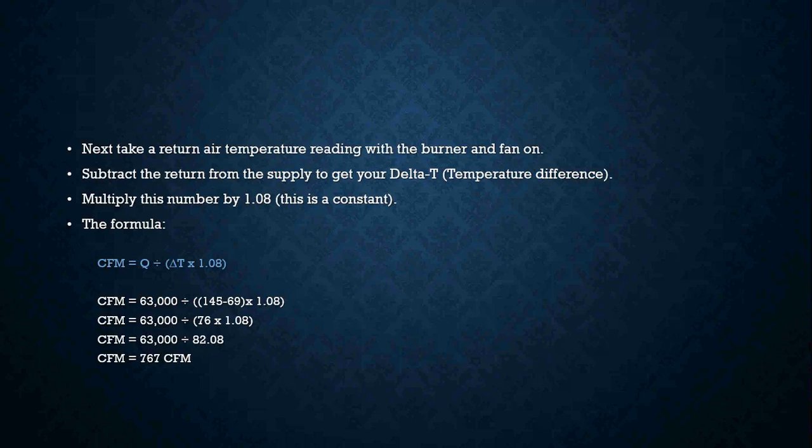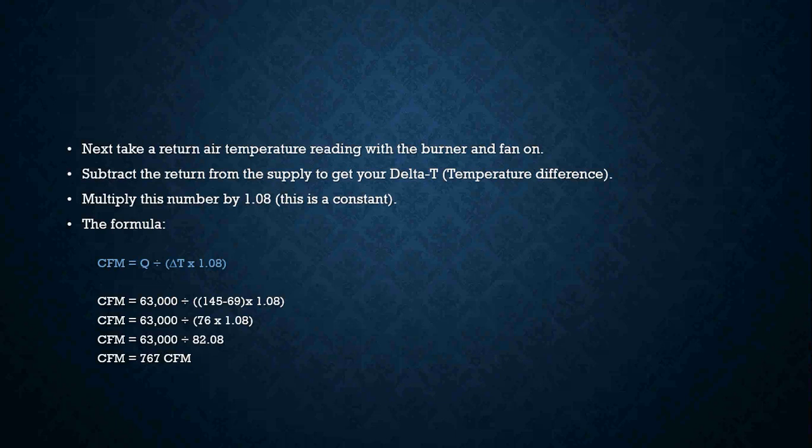That 1.08 is a constant. So the formula is as you see here. Okay? Q divided by your delta T, your temperature difference, times 1.08. And that will give you your CFMs.